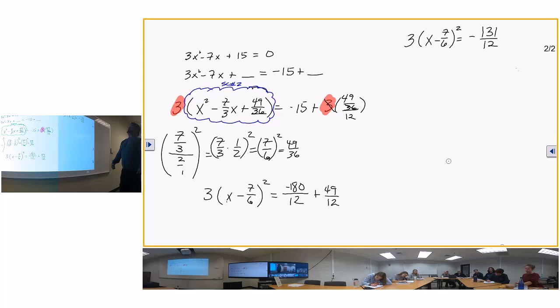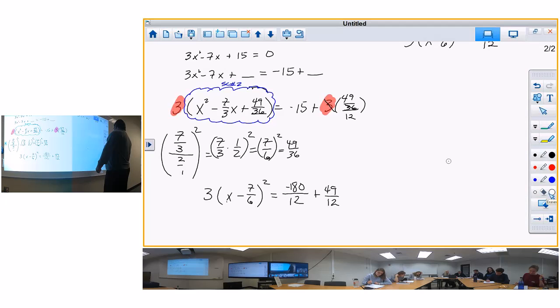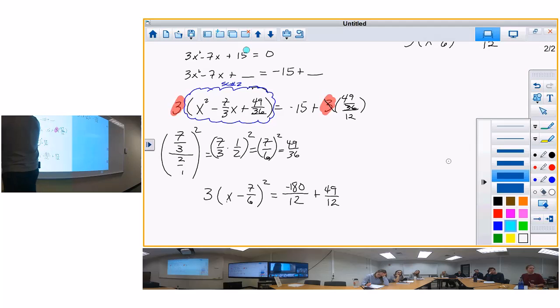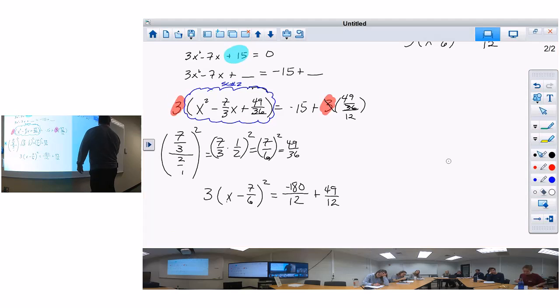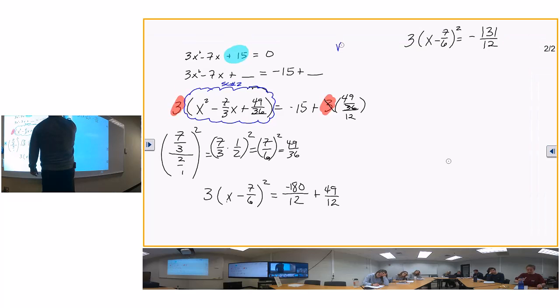And now you have the vertex. What's the y-intercept? Let's go ahead and find the y-intercept. If you can't find the y-intercept, don't tell anybody. There is the y-intercept. What is the vertex? We'll write it in blue up here. The vertex, somebody give it to me.